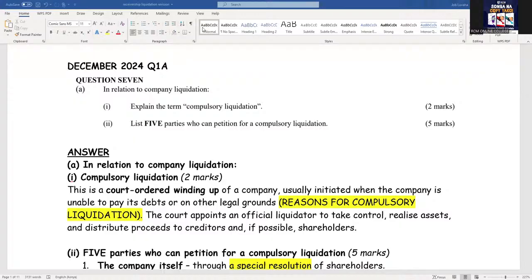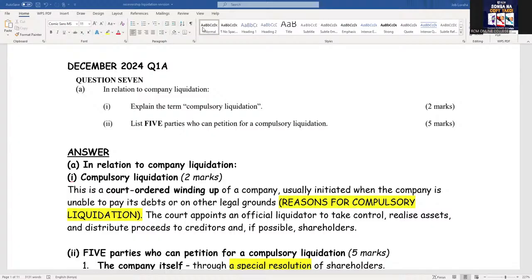So if the company is continuously making losses, if the company is involved in fraudulent activities, if there's exclusion in management, that's another point under just and equitable. If one of the managers, or the person in charge of management, has been excluded from management, that is correct.